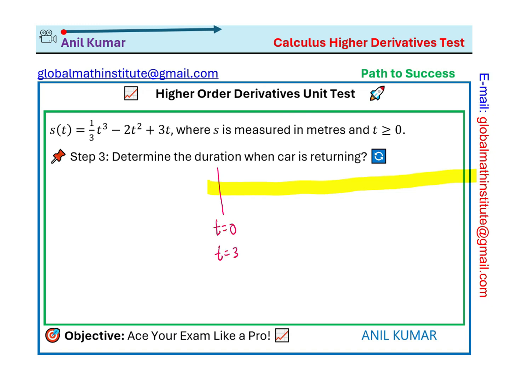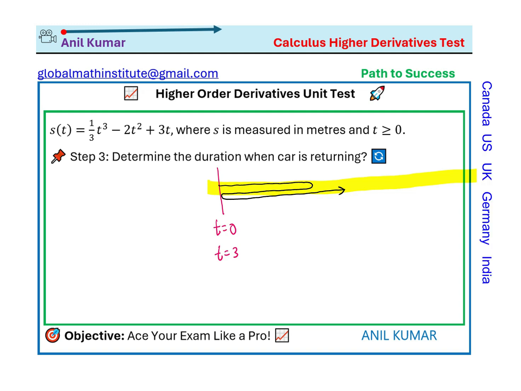Initially, the car moves straight and then it returns and then it again goes. That is how the cubic displacement function will be depicted along a straight line. Now, this happens at t equals 1, and this happens at t equals 0 and 3. 0 is the starting point, so that is where it starts really.